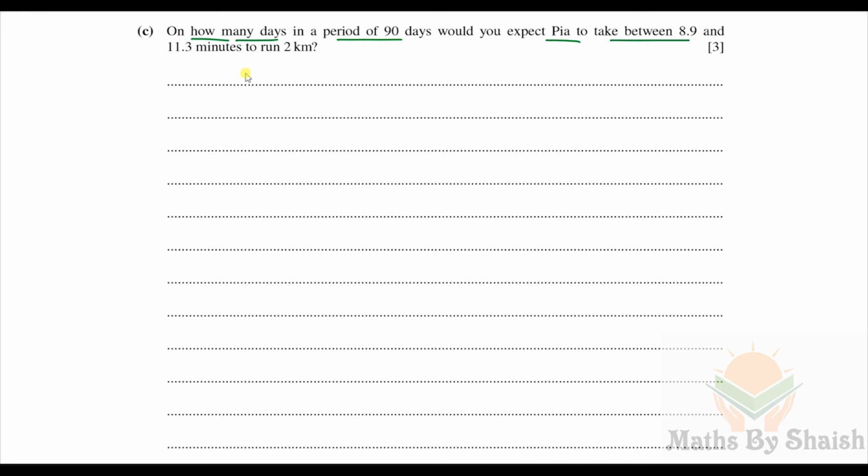So 90 into the probability of x being in between 8.9 and 11.3. We will calculate this by the formula, that is 90 into the probability, in standard normal distribution form, of 8.9 minus mu, 10.1, upon standard deviation 1.3, less than z less than 11.3 minus mu, that is 10.1, over 1.3.